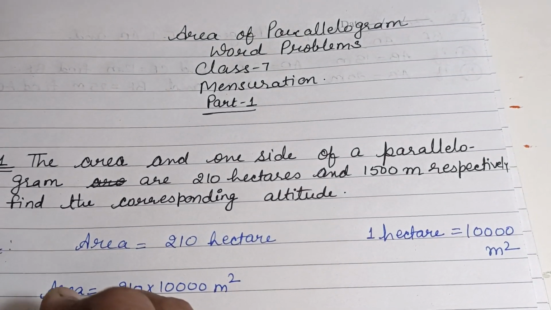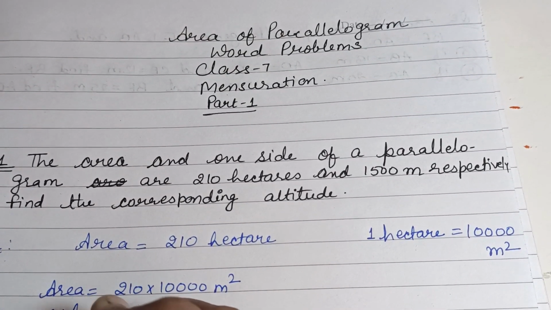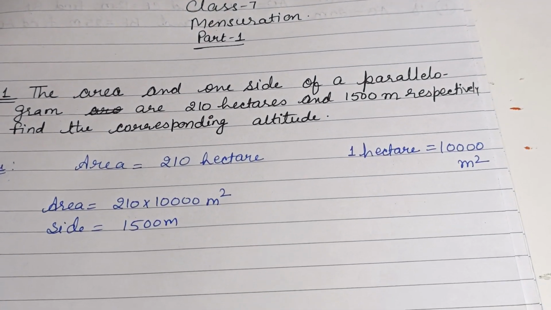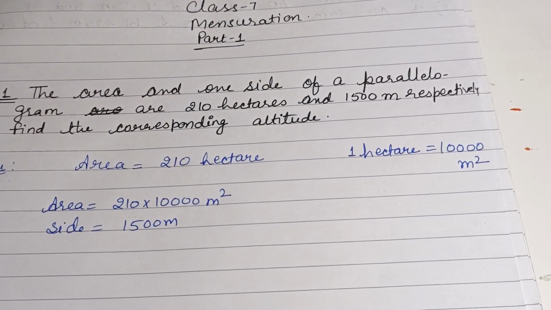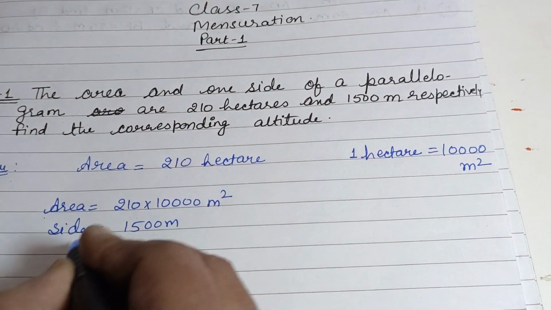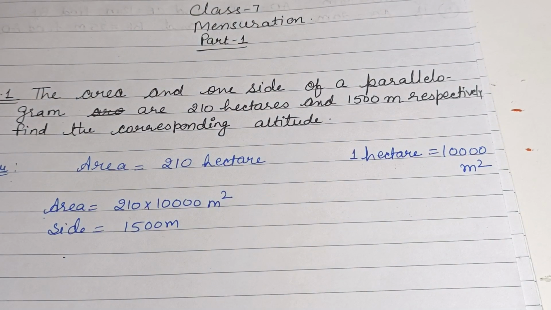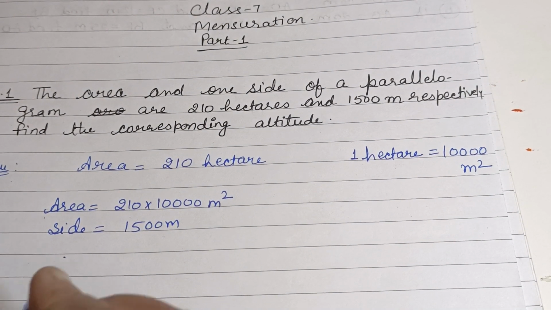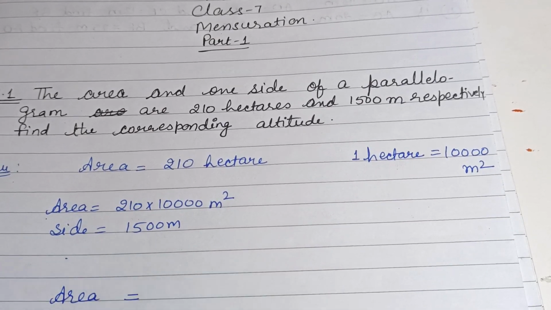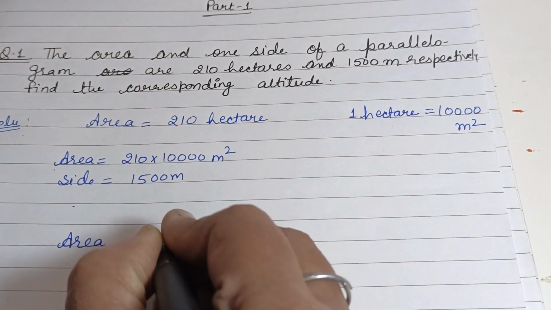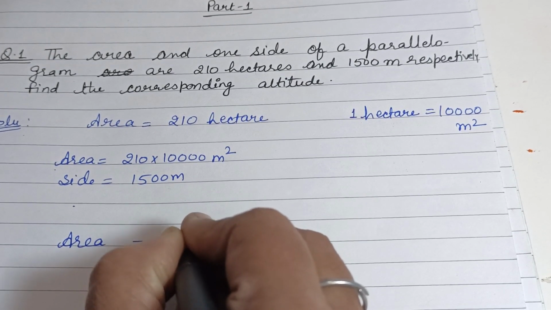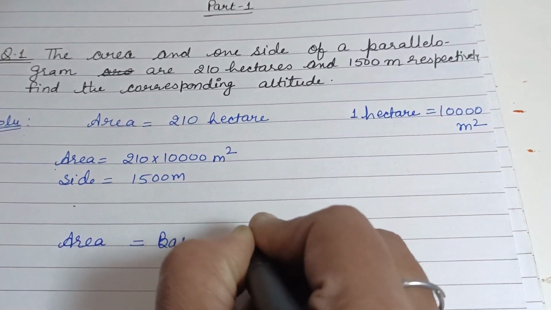Now what is the side given? The side given is 1500 meter. I need to find the altitude. We know area means base into altitude.